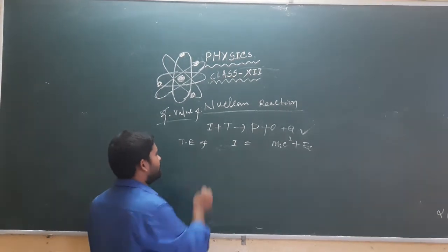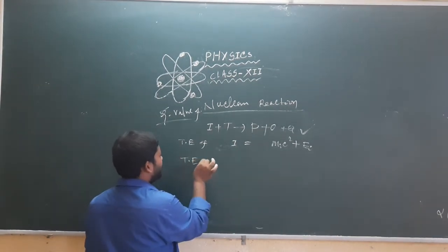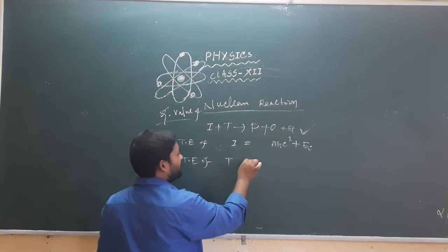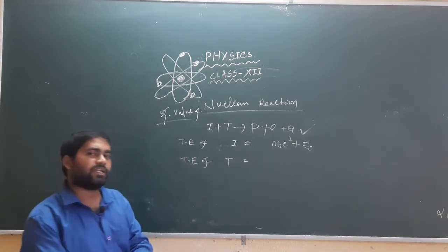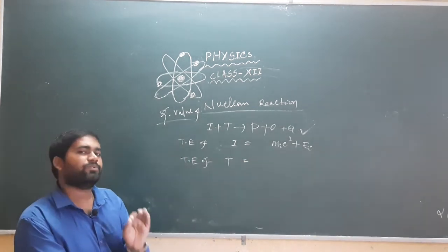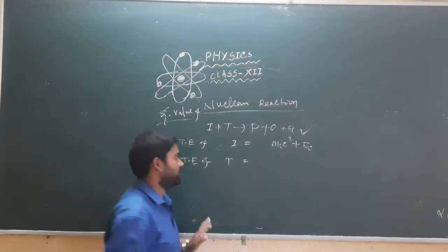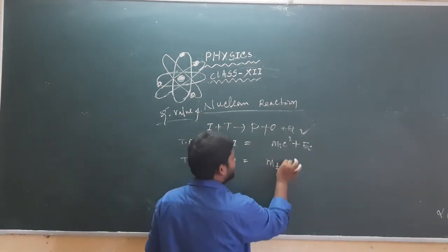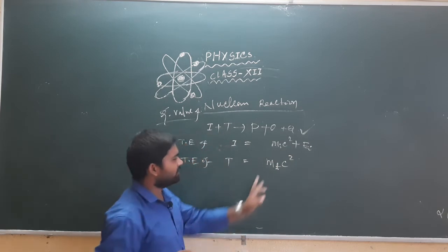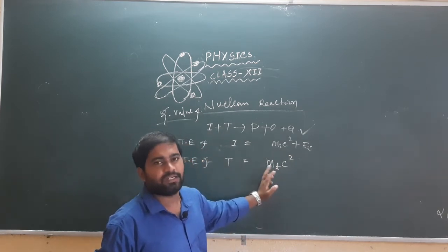Second, the total energy of the target nucleus. As the target nucleus is at rest, we only have to measure the rest mass energy, so m_t c squared, where m_t is the mass of the target nucleus.